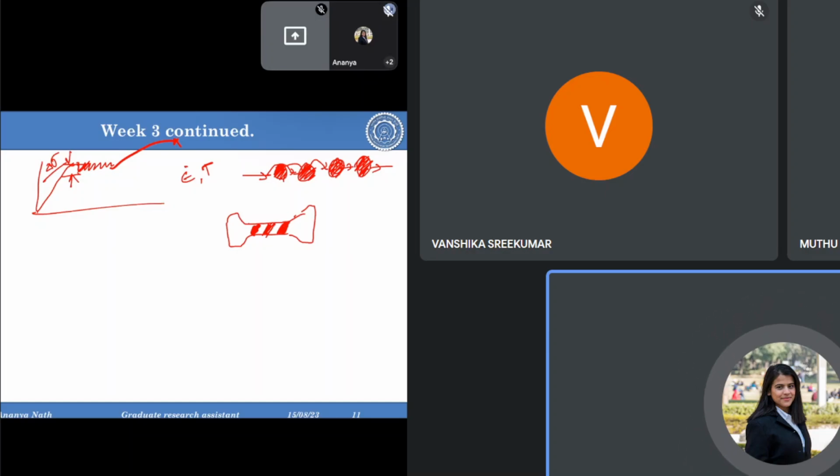Now there was another topic, waiting time. As I said, the dislocations are trying to overcome this barrier. The time they take to overcome this barrier is called waiting time, tW. They are waiting in front of the barrier to overcome it. There was a thermal activation function and graph. If this much total energy is needed to overcome the barrier, then this much is thermal activation and this much is applied stress.